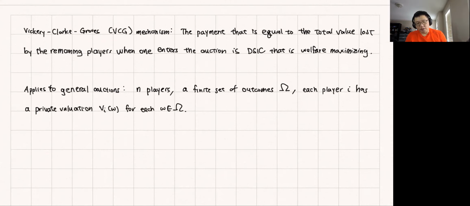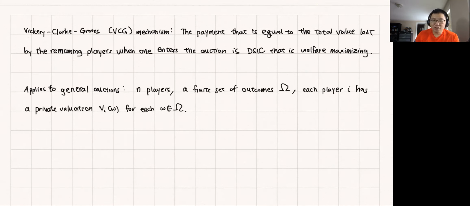So the idea is you have all possible outcomes, and each player will look at an outcome and say, what is my value if this outcome occurs? In the single item auction, the outcomes are all possible cases where a single player wins.